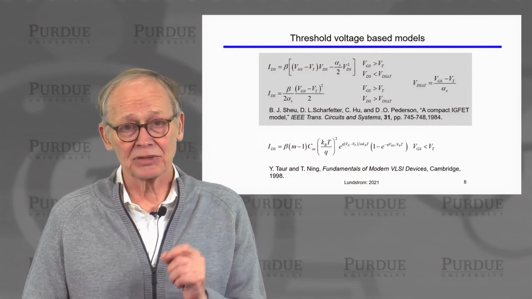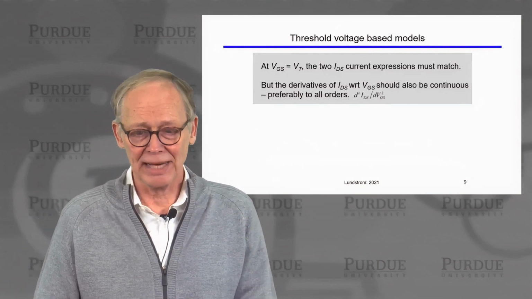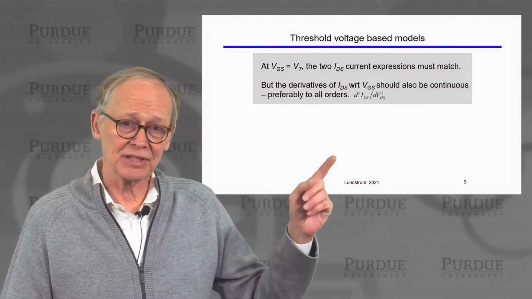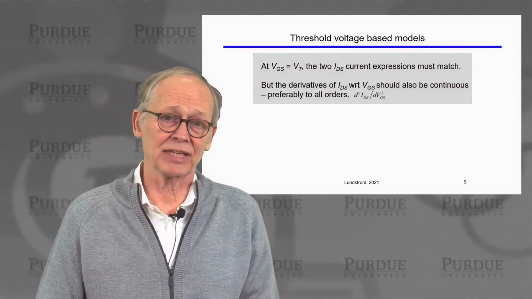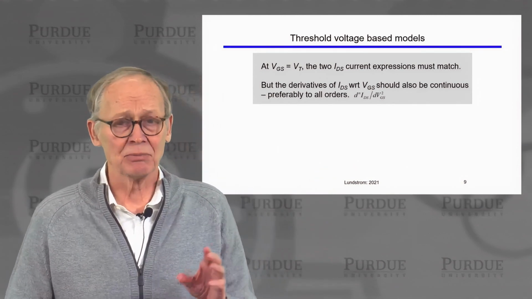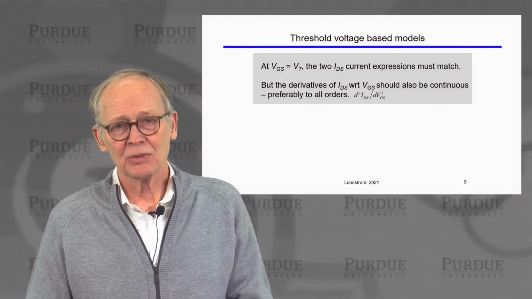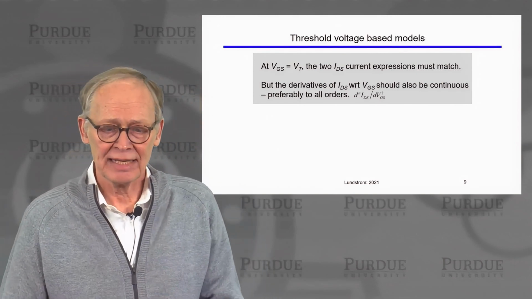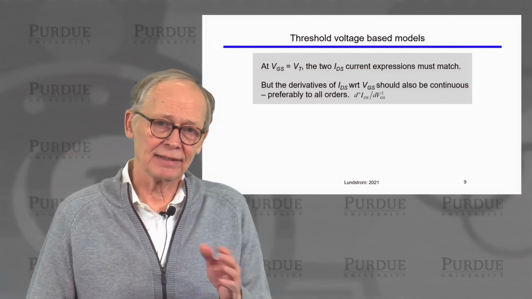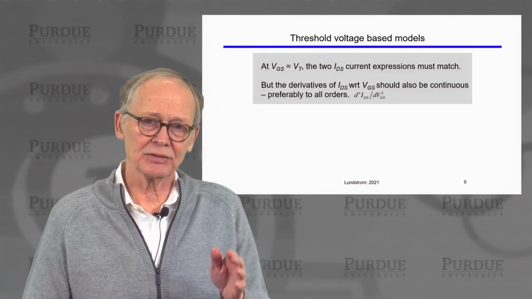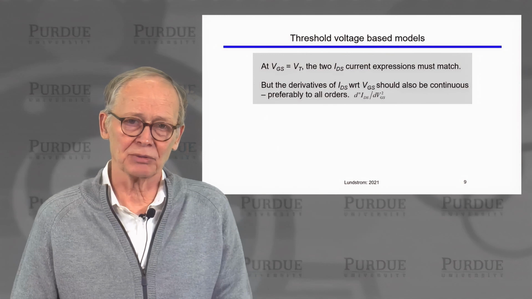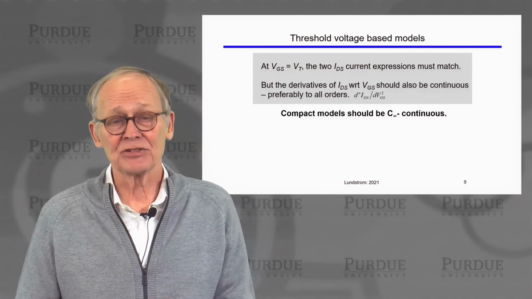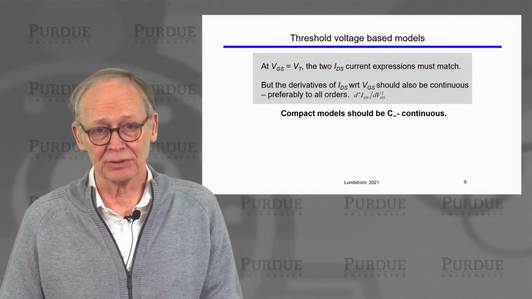But we have to make sure that these two models match up. So at VG equals VT, we have to get the same current from these two models. But more than that, we have to match their slopes and their second derivatives and their third derivatives. In fact, we would like the curve to be continuous and smooth to all orders of derivatives at that matching point. They should be C infinite continuous.